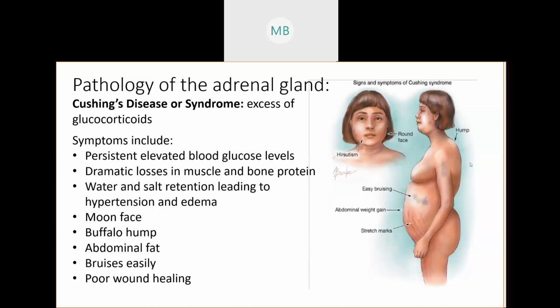As you gain weight asymmetrically and weirdly, you'll start gaining stretch marks. It can also have a side effect of hirsutism, which means you'll start growing odd facial hair, which is definitely weird, especially for a lady. But that would be Cushing's syndrome: odd weight gain, buffalo hump, easily bruised, that kind of thing.